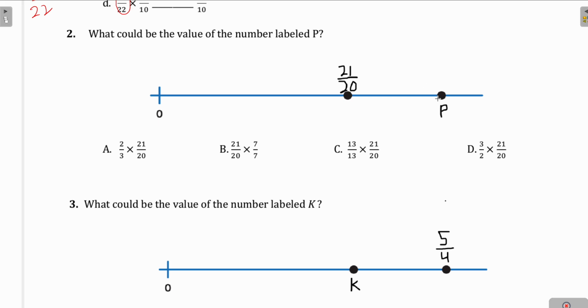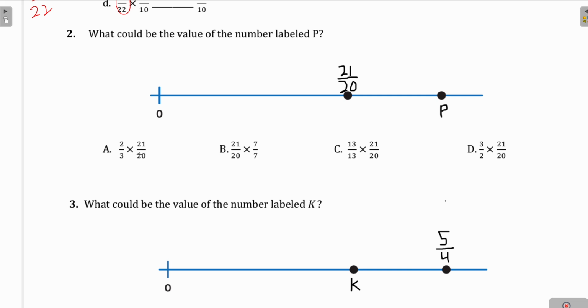So let's see which one of these can yield something that is greater than 21 out of 20. Let's start with this choice: 2/3 of 21/20.